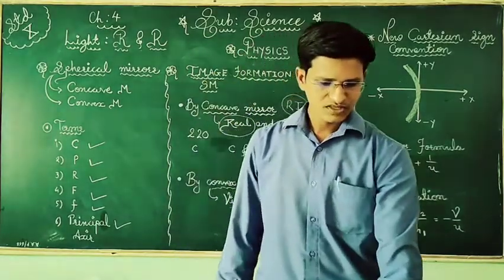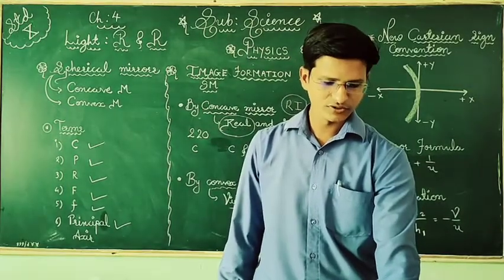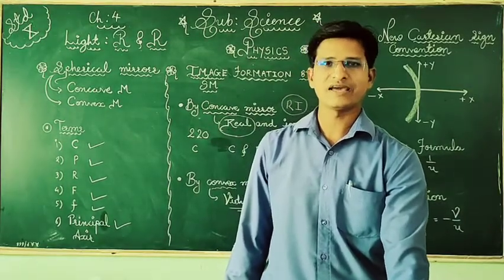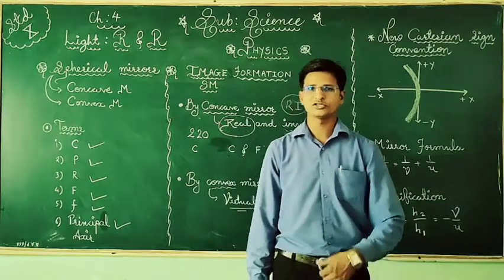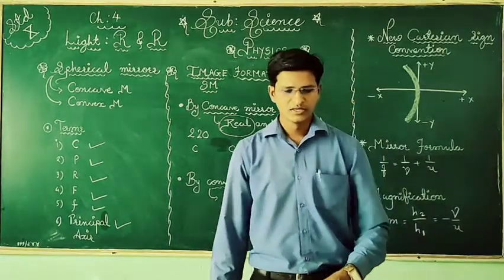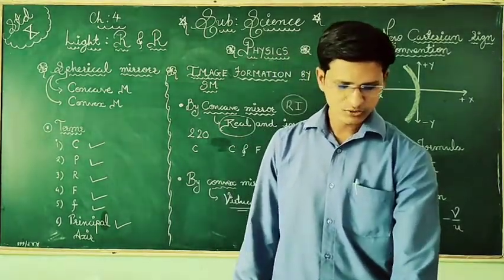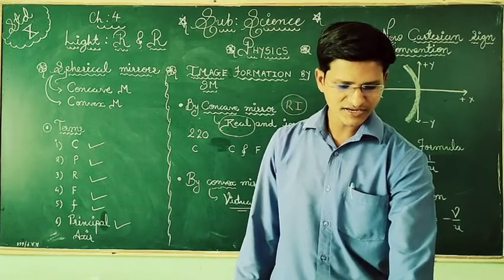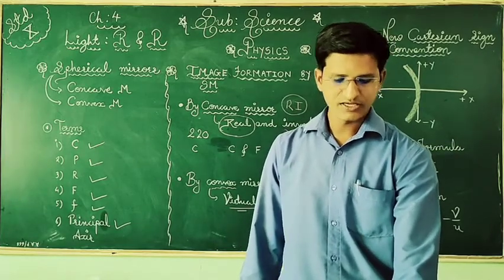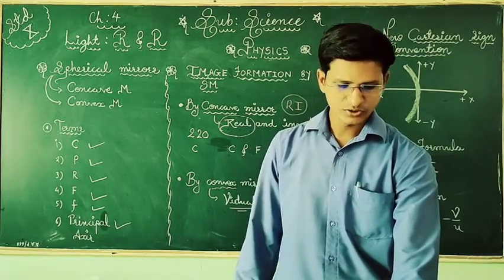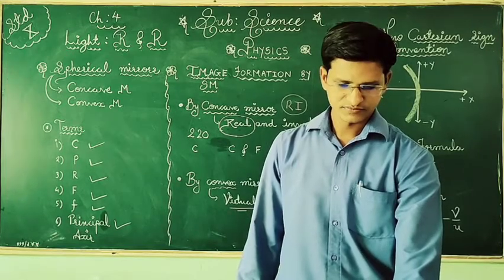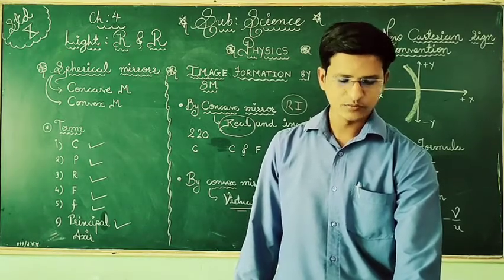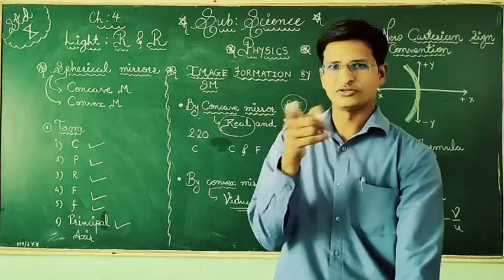Then fourth, the position of the object is between C and F, between the center of curvature and the principal focus. Here it is totally opposite. If you see second and fourth, the positions of object and image are interchanged.